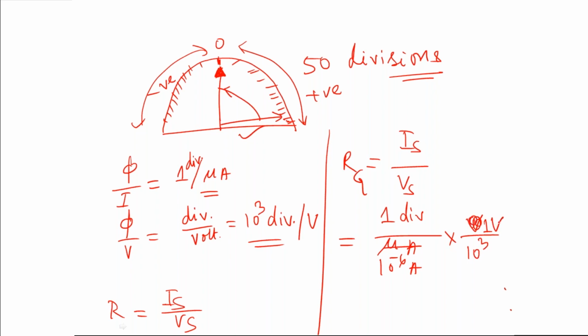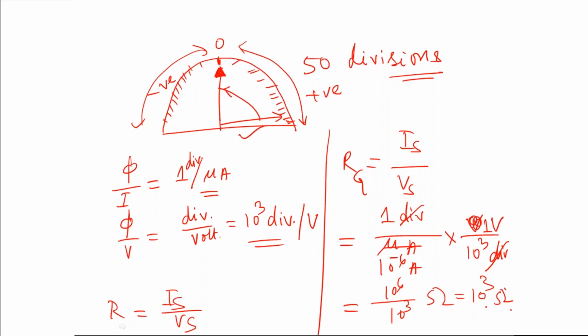The division cancels, so volt per ampere will be the resistance. You will get 10 to the 6 divided by 10 to the 3, which gives ohm, so you get 10 to the 3 ohm. Do you understand this problem?